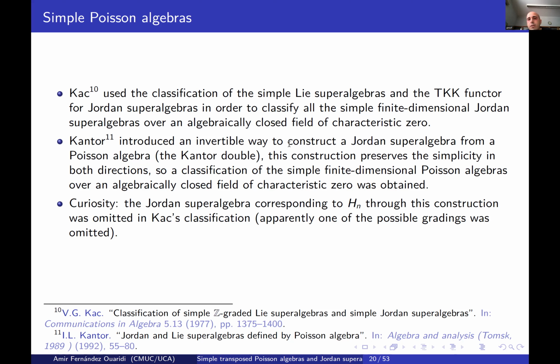This construction preserves simplicity in both directions, so a classification of the simple finite-dimensional Poisson algebras over an algebraically closed field of characteristic 0 was obtained. As a curiosity, the Jordan superalgebra corresponding to Hn through this construction was omitted in Kac's classification, apparently because one of the possible gradings was omitted.